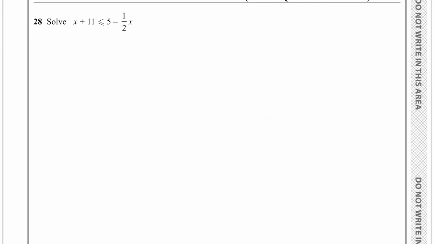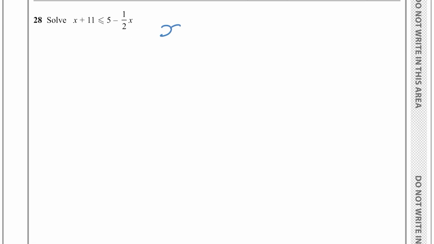So number 28, we've got to solve x plus 11 is less than or equal to 5 minus a half x. It's an inequality. Now don't worry about the fact that it's an inequality. Just imagine that that's an equal sign. It's the same thing.